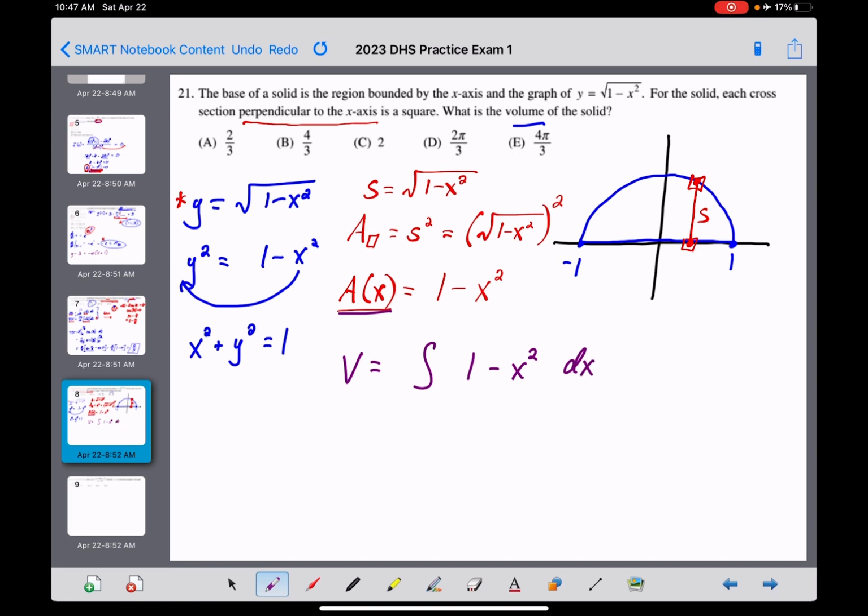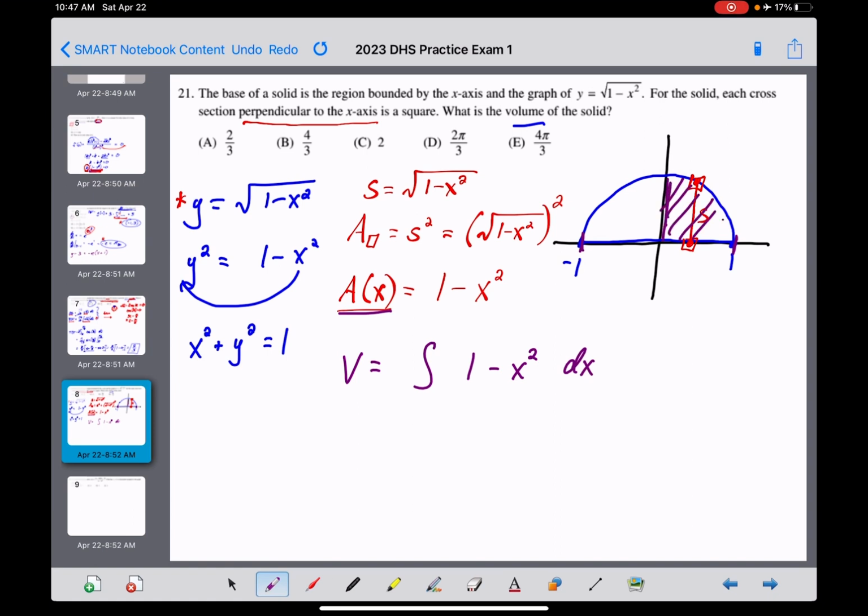The issue, I think, on this problem for some people might have been the limits of integration. This entire region right here starts over here at negative 1, ends at positive 1. So we certainly could go negative 1 to positive 1, and that will work and it will get us the right answer, I am certain. However, I'm going to take advantage of the symmetry here, guys.